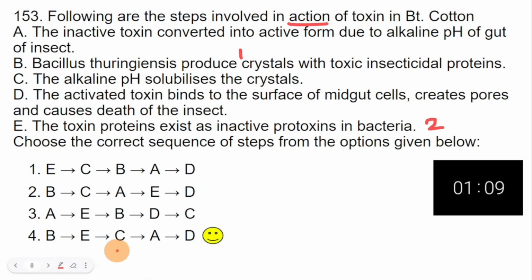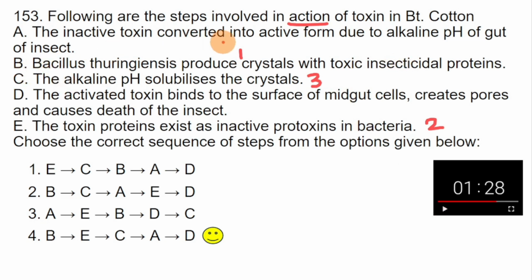So next statement in the right sequence will be C. Alkaline pH solubilizes the crystal. This is 3. Then fourth is A. Inactive toxin converted into active form due to alkaline pH of gut of insect.